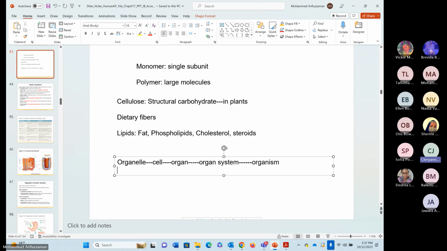Now look, the mitochondria is an organelle. Clear?